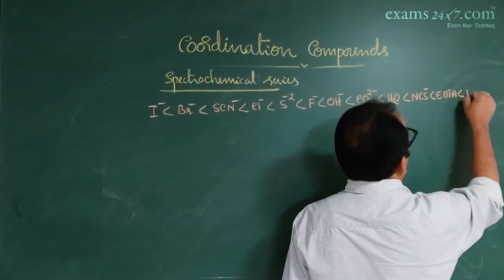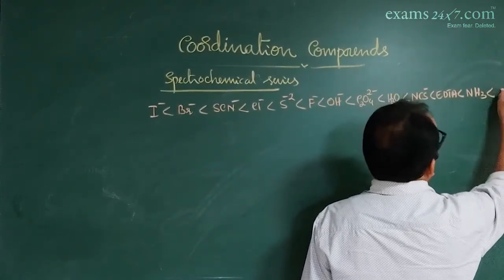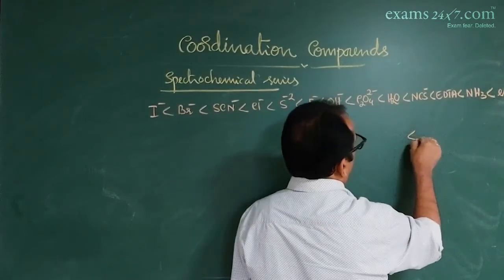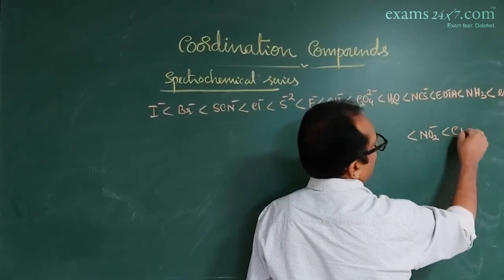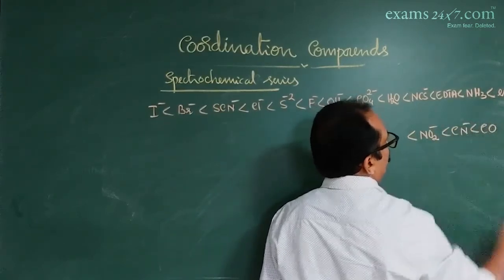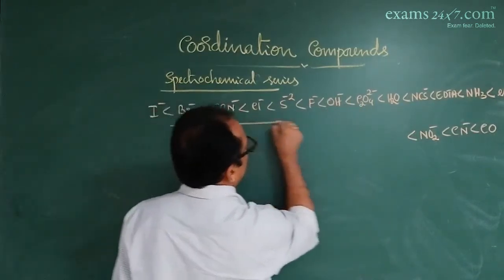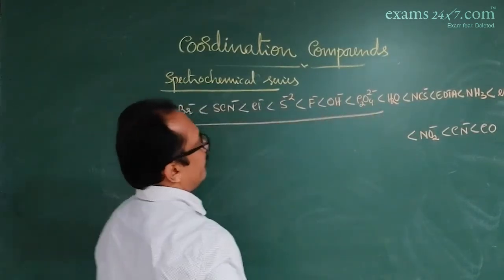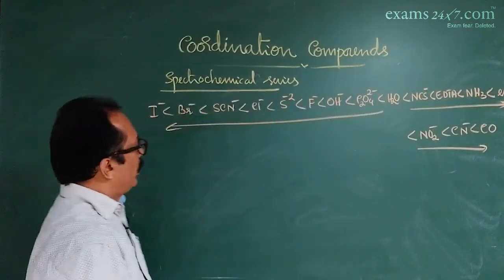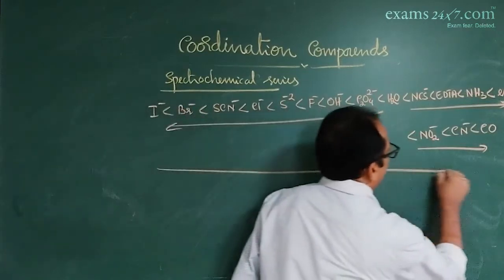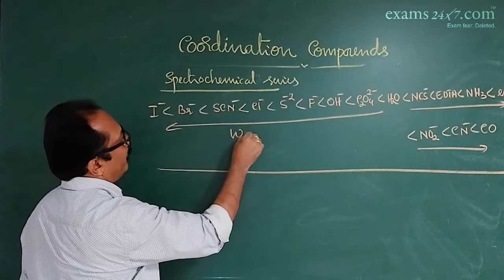After EDTA, ammonia, NH3. After ammonia, ethylenediamine. Then after ethylenediamine, NO2-, then CN-, then CO. Usually after water, this side is the strong field ligand side. From here, if you go, the strength of the ligand increases. So these are weak field ligands.